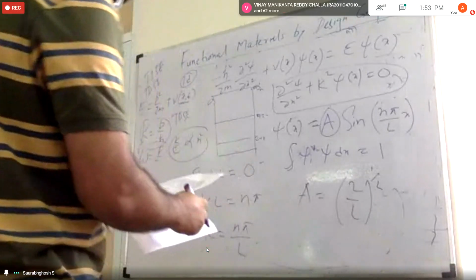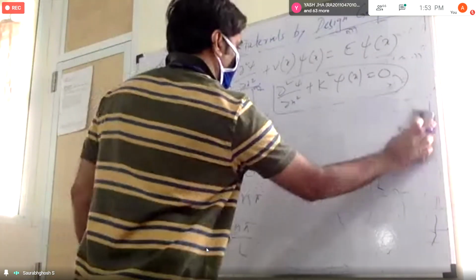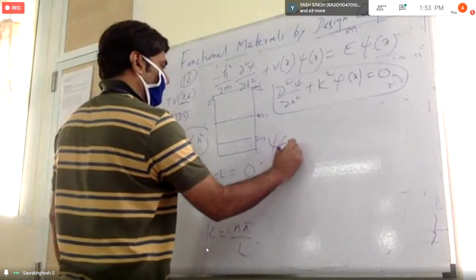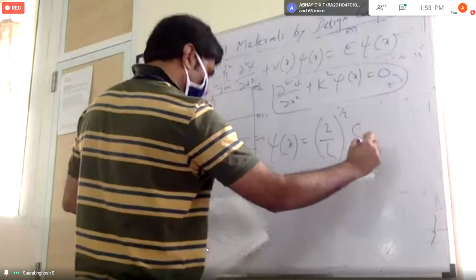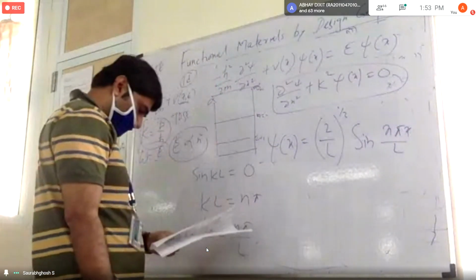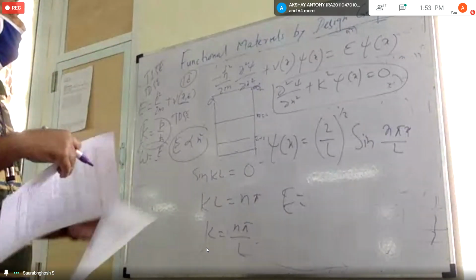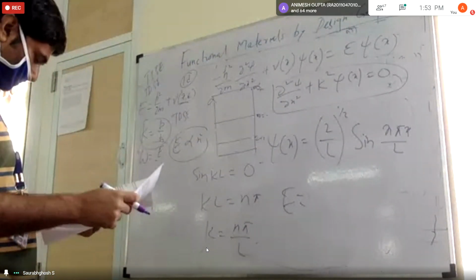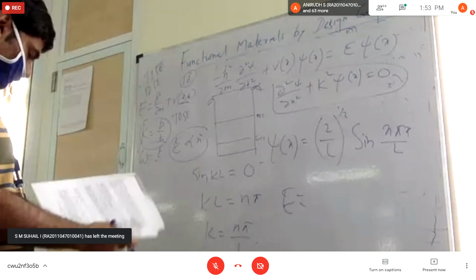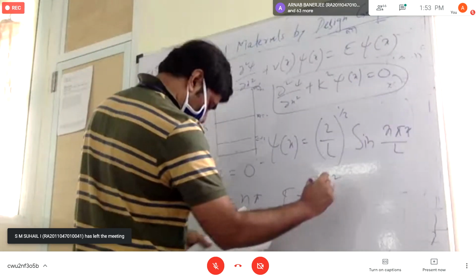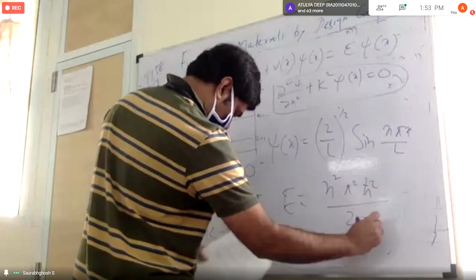So your total equation is now: your wave function psi(x) equals (2/L) to the power half sine(n pi x / L), where L is the length, and your energy is equal to n square pi square h-cut square by 2m L square.